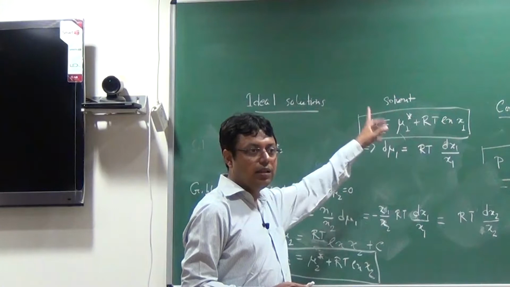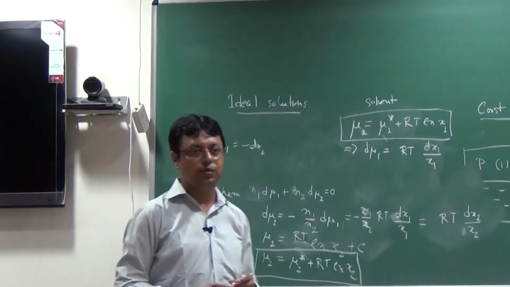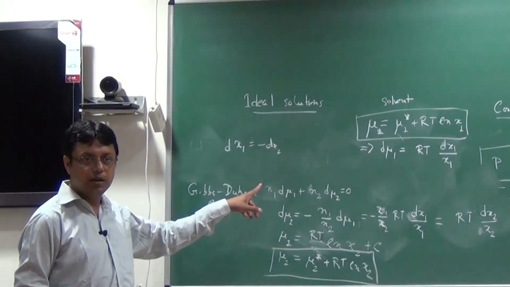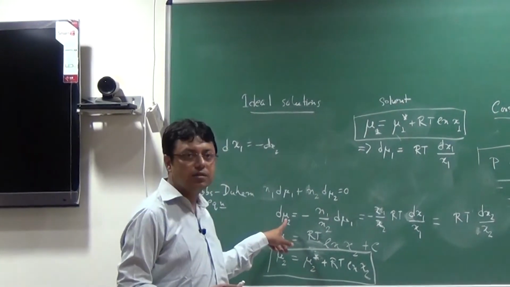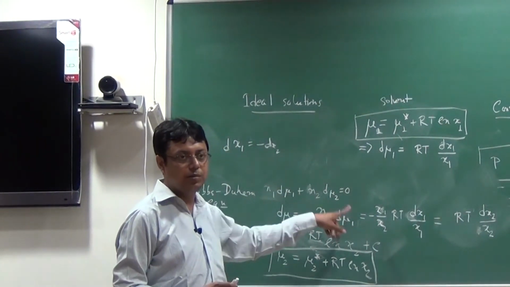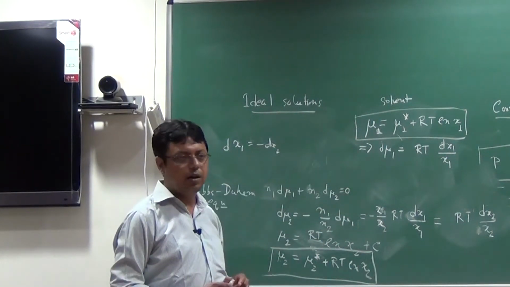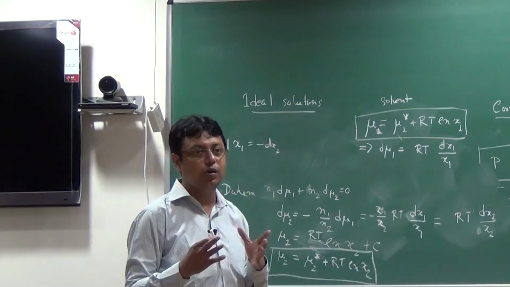Then I asked whether I can get a relation of mu2 to x2, and there we used the Gibbs-Duhem equation. We wrote d mu1 instead of d mu2, and d mu1 you can get from there. The second thing is that x1 and x2 will always add up to 1.